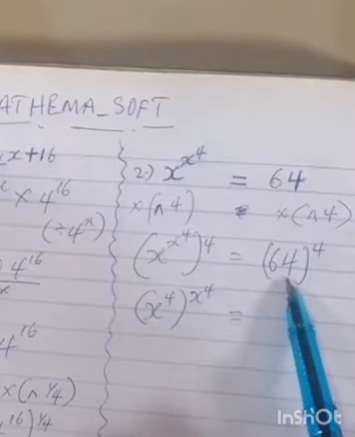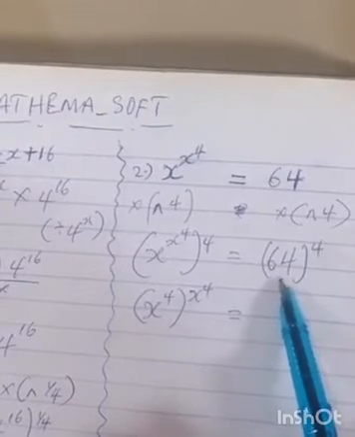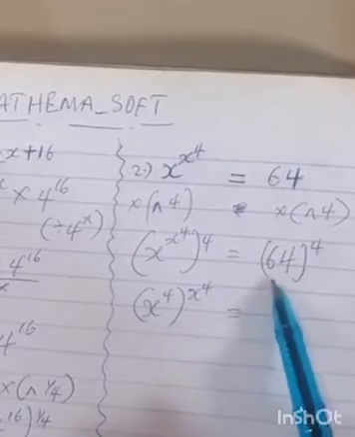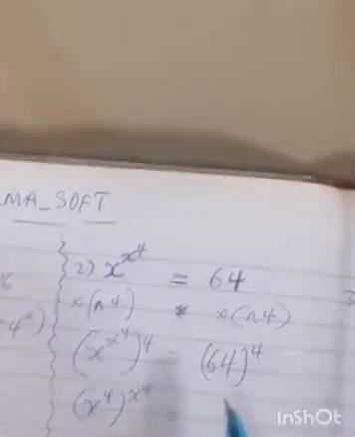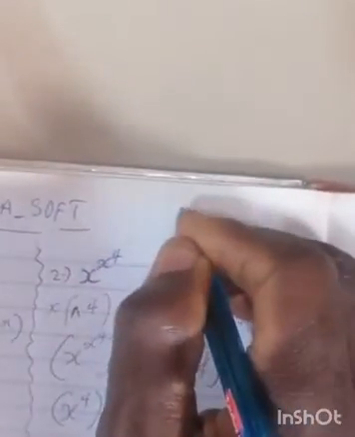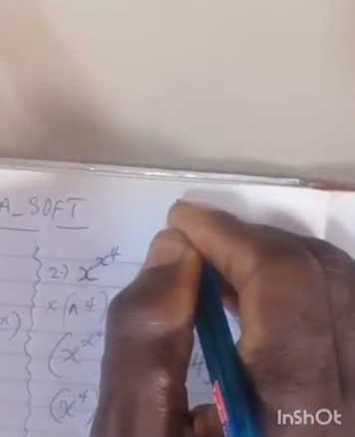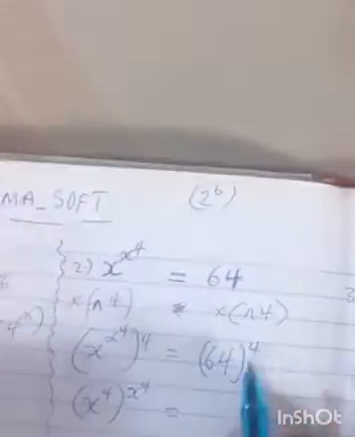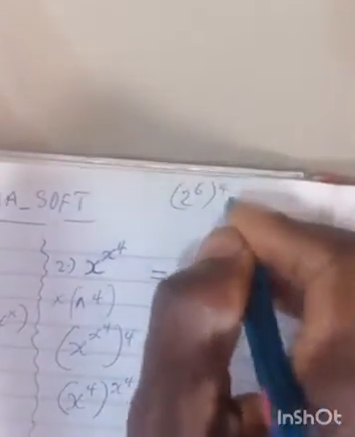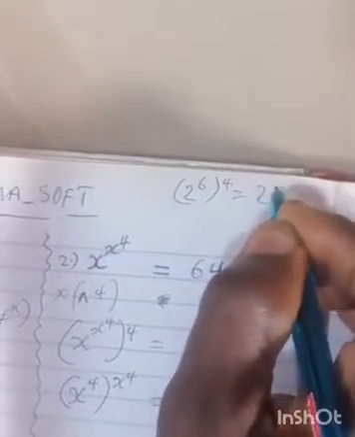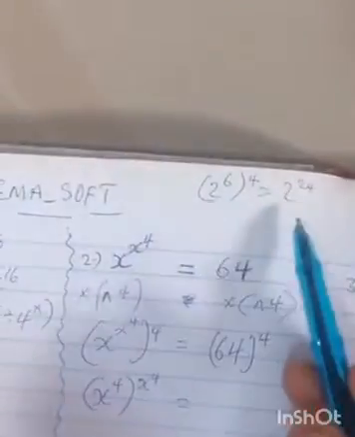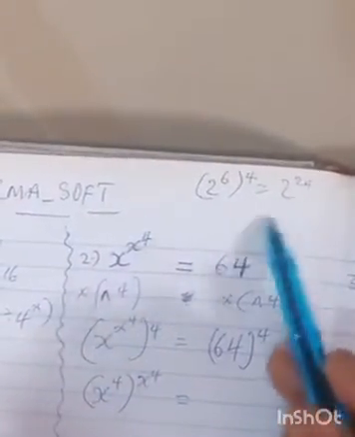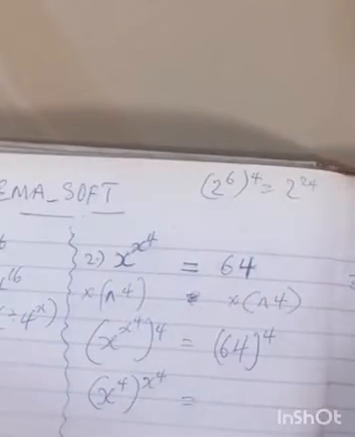So I need to think of which of these will make me have the same base and the same power. If I use 2, 64 as the power of 2 will give me 2 raised to power 6. And then there is 4 here before, that will be 4 times 6. So that will give me 2 raised to power 24. So 2 and 24 are not the same, so I will not get a twin, so I cannot use 2.